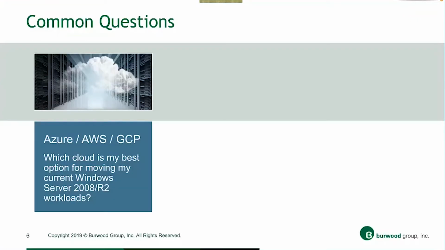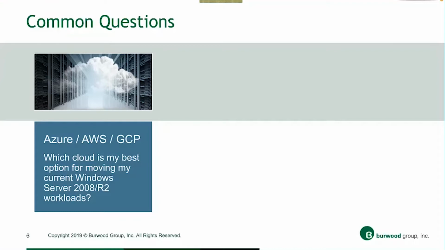Common questions we get from our clients today. Azure, AWS, or the Google Cloud Platform? Which cloud is my best option for moving my current Windows Server 2008 and 2008 R2 workloads? The easy answer is Azure, given the fact that Microsoft is willing to offer you the 3 years of extended support at no cost should you decide to rehost your workloads in Azure.